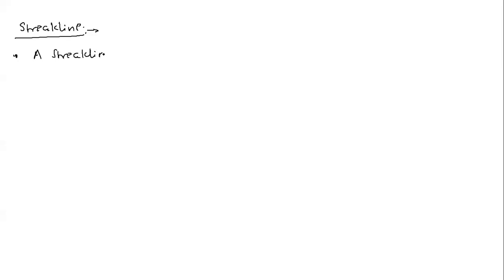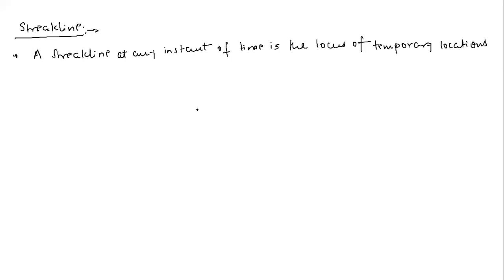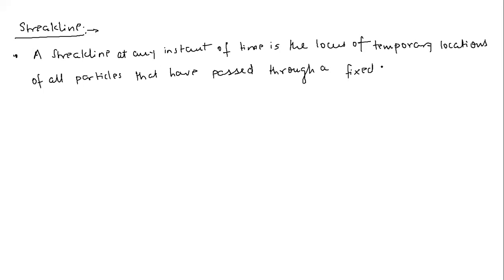A streak line at any instant of time is the locus of temporary locations of all particles that have passed through a fixed point in the flow field. Okay, so this is the definition of a streak line.